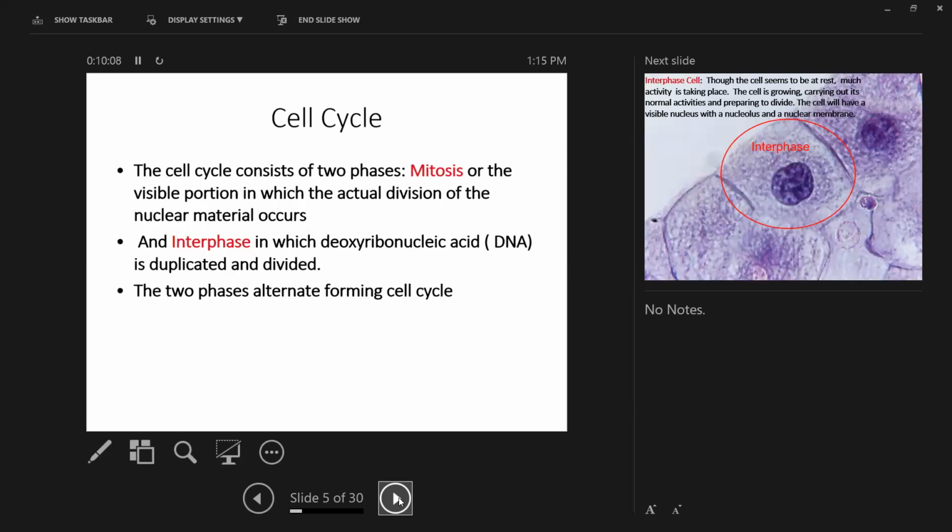Cells live according to a cell cycle. There are two phases of the cell cycle. The extremely short phase of the cell cycle is called mitosis. Now, at some point in our background, we've probably heard that mitosis is cell division. But all mitosis is, is replication of the DNA.